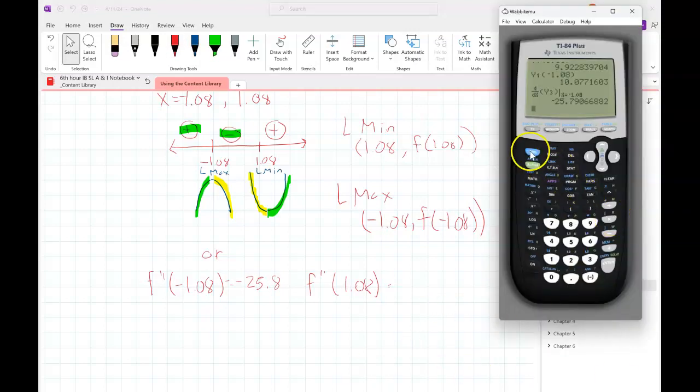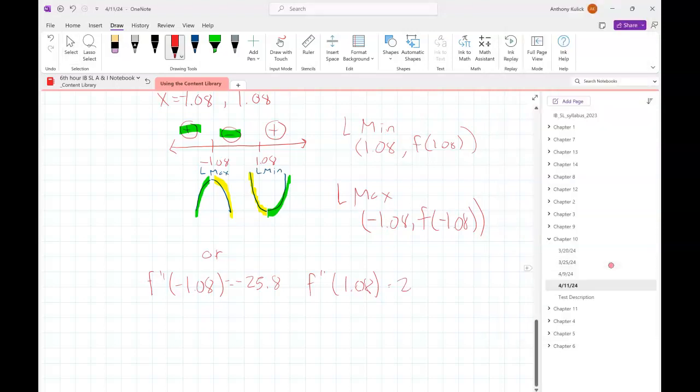And then if I do the same thing with positive 1.08. So since this is less than 0, that tells me that this is a local max. And since that's greater than 0, that tells me it's a local min.